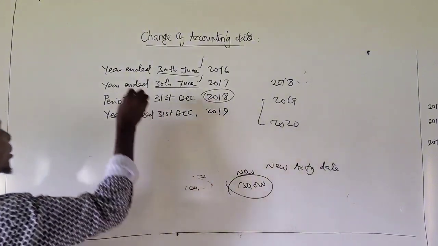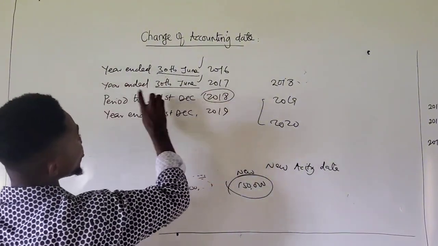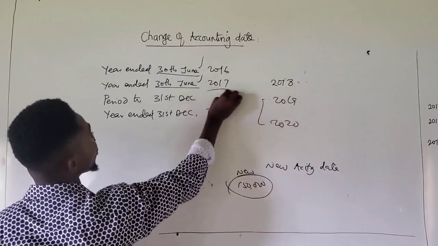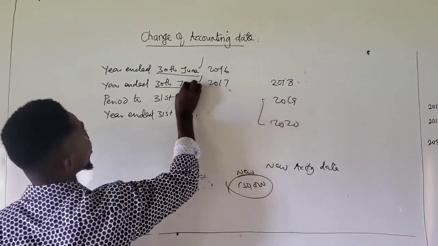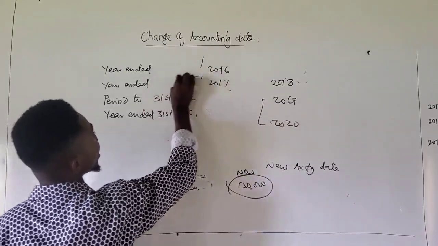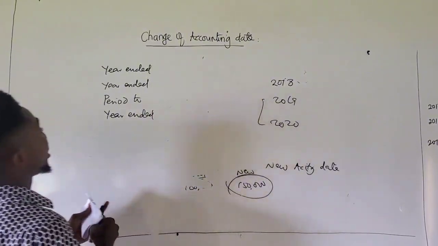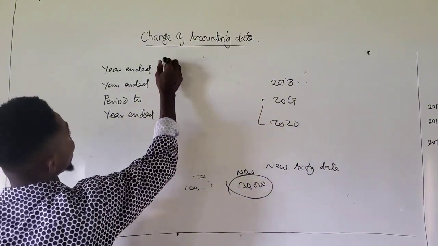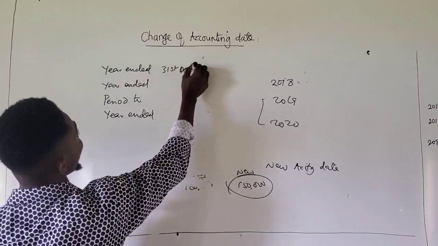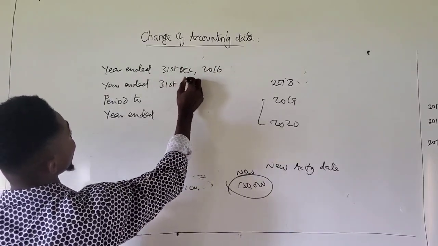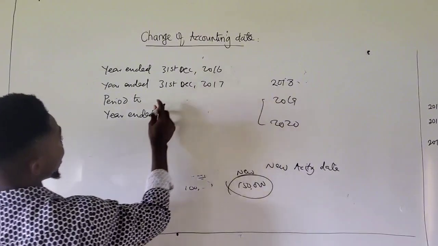Let's say we have something like this. Let's say year ended 31st December 2016, 31st December 2017.